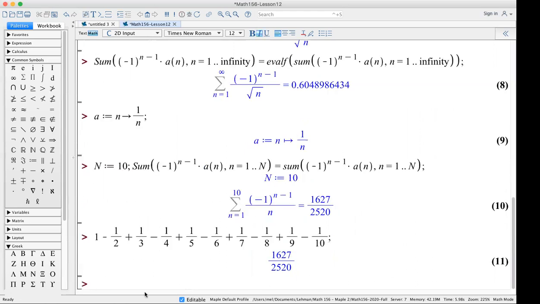That's exactly what this is. It's alternating in signs, and in absolute value, the terms are strictly decreasing, and the limit is 0.